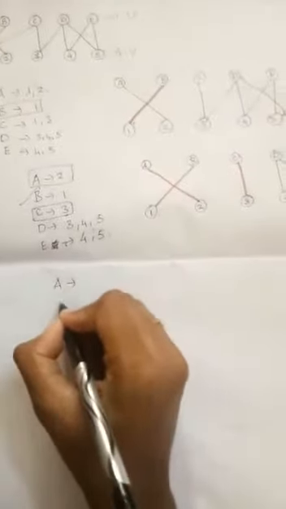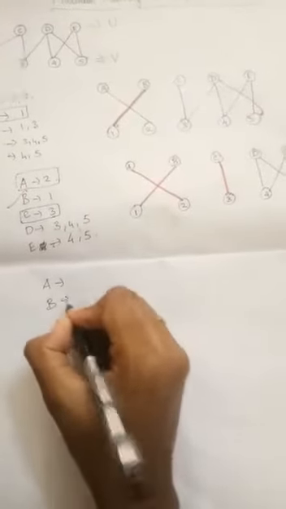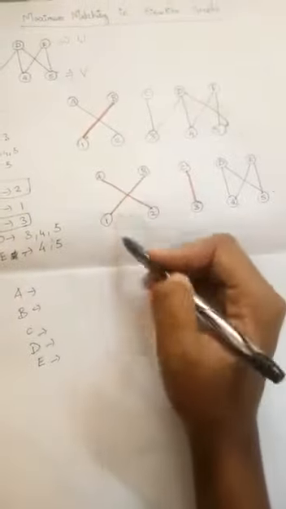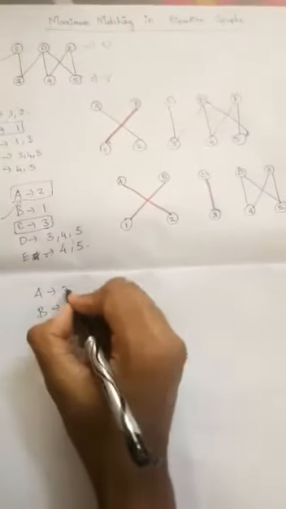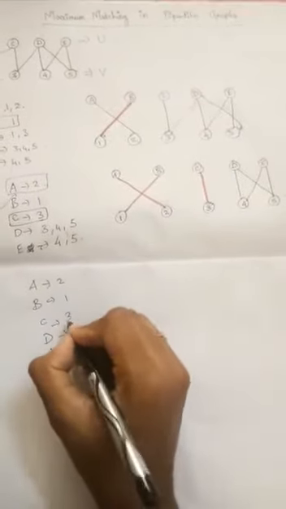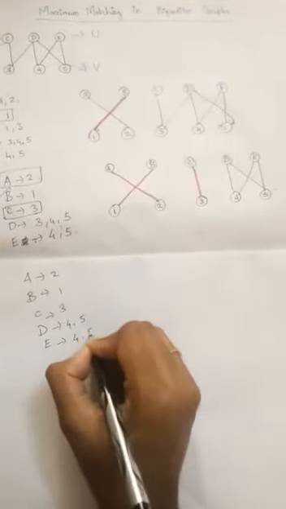Again, I am listing out my observations from this graph. A is connected to 2, B to 1, C is connected to 3, D is connected to 4, 5, E is connected to 4, 5.